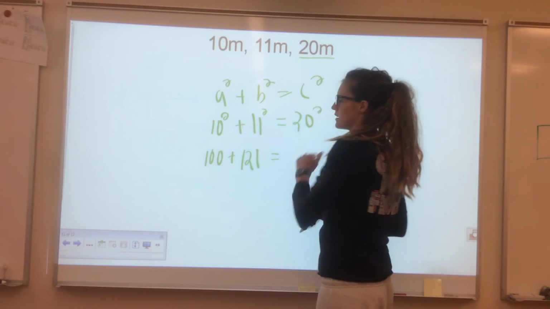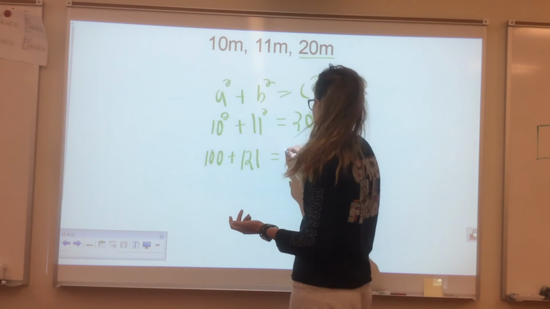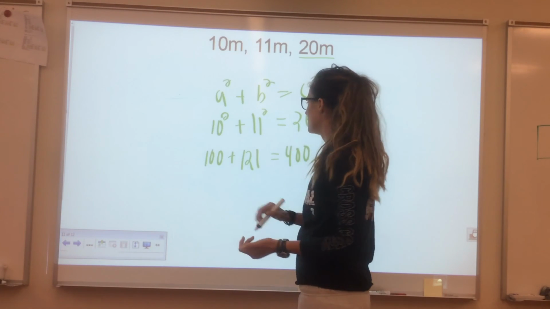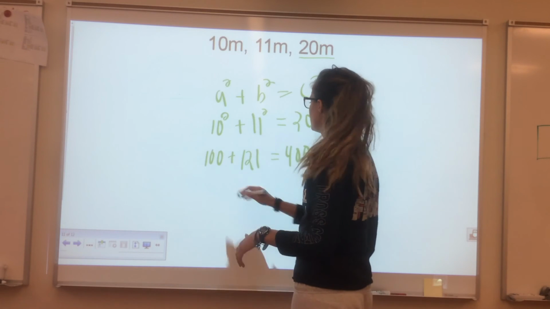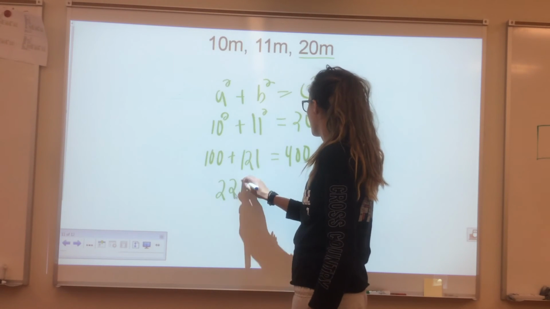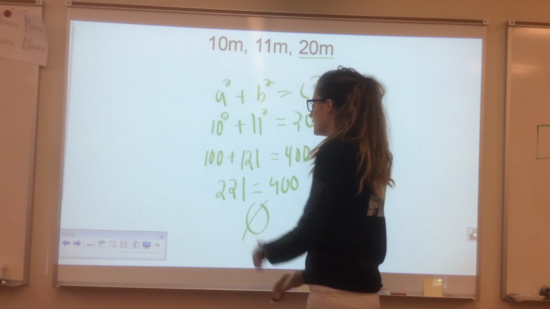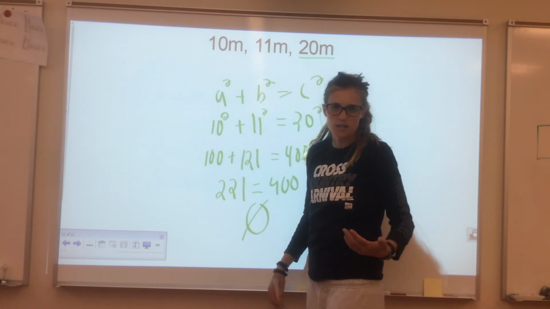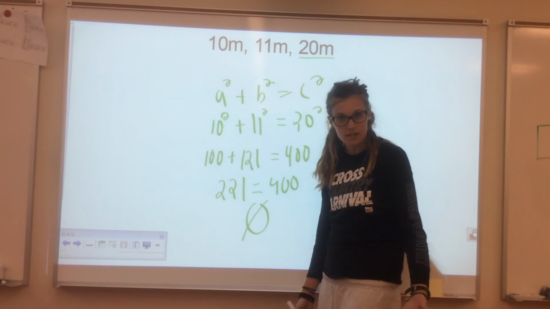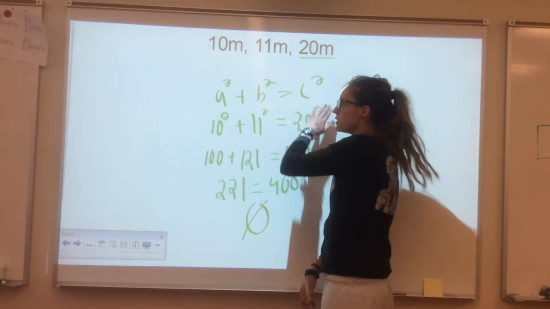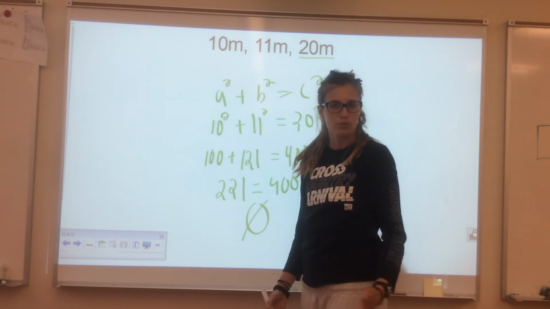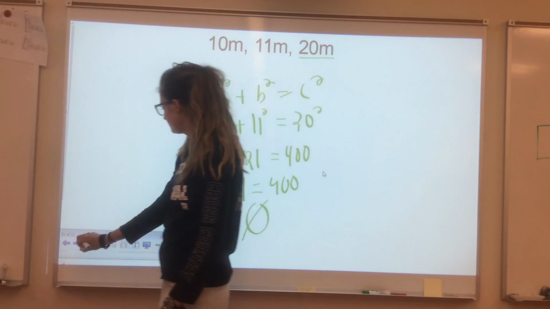And then 20 squared, which is 20 times 20, is 400. I can add these two together. This makes 221. And that does not work because 221 is not 400, so that does not work out. So these three measurements would not be able to create a right triangle.